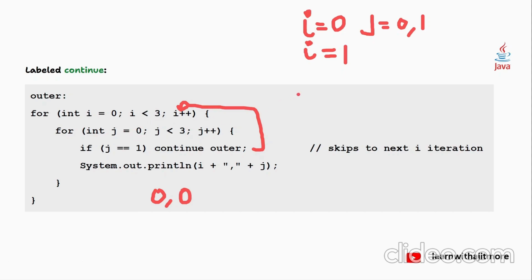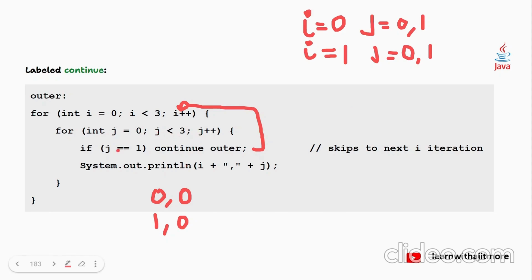Yes, again the j loop will start. What will j be? 0. Is 0 less than 3? Yes, come here. Is 0 equal to 1? No. Then print ij. So what is the i and j combination? 1 0. And then j plus plus, j becomes 1.